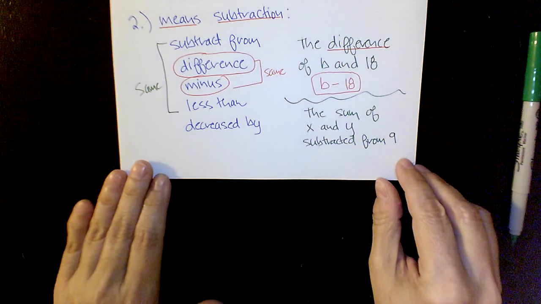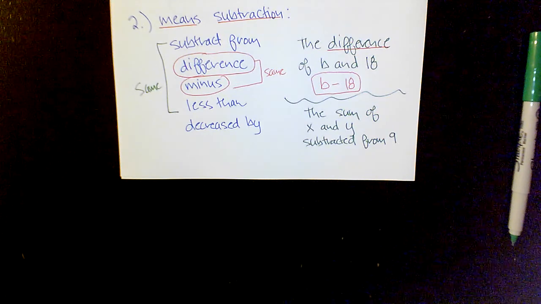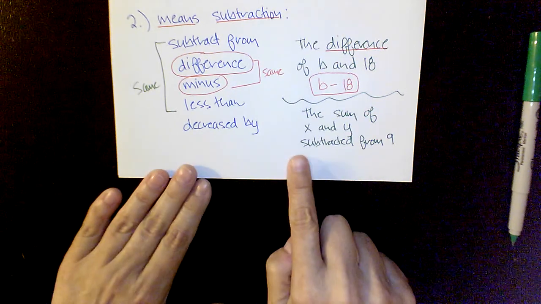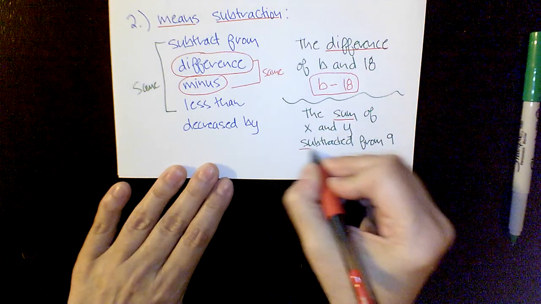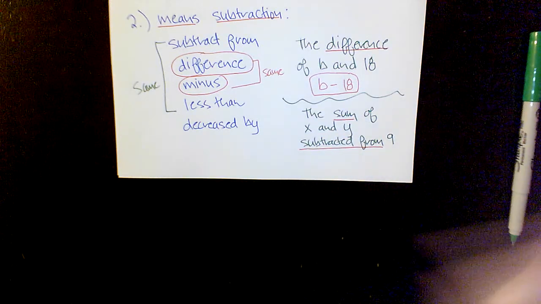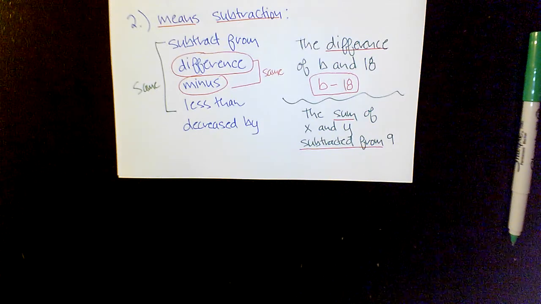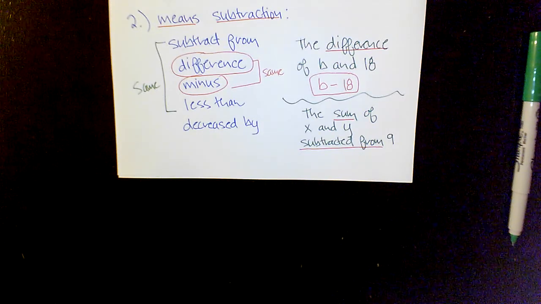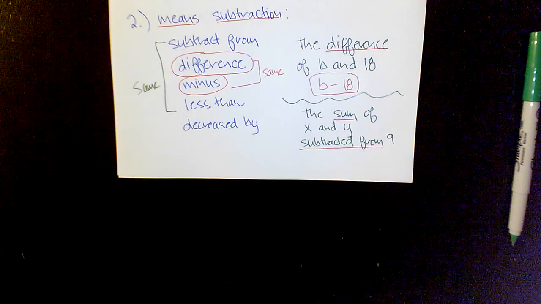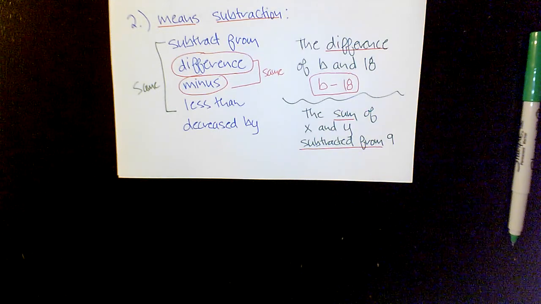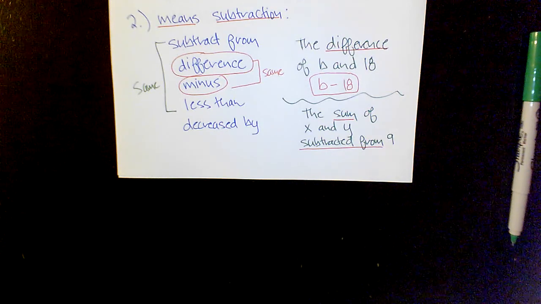I want to translate this from English into math. I've got a couple keywords here. I've got sum, which is addition, and subtracted from, which is subtraction. For the sum of x and y, I know I'm going to add, so I take x and y and add them together.